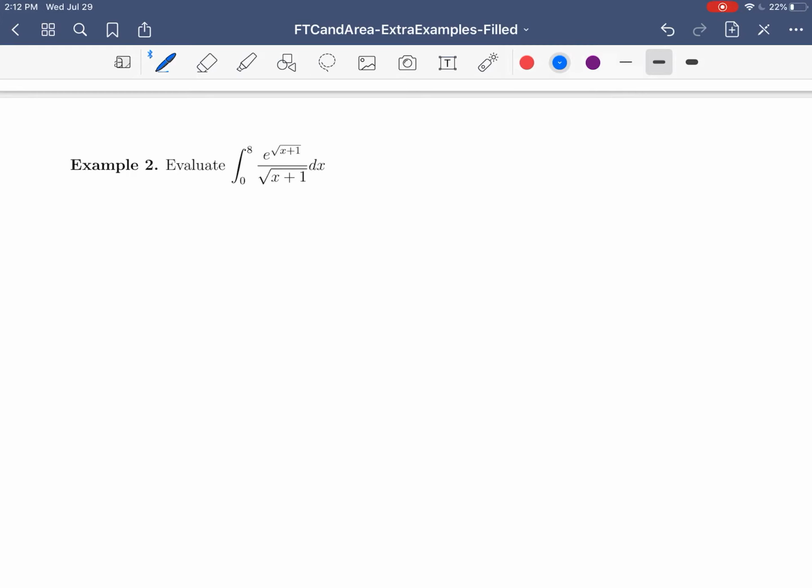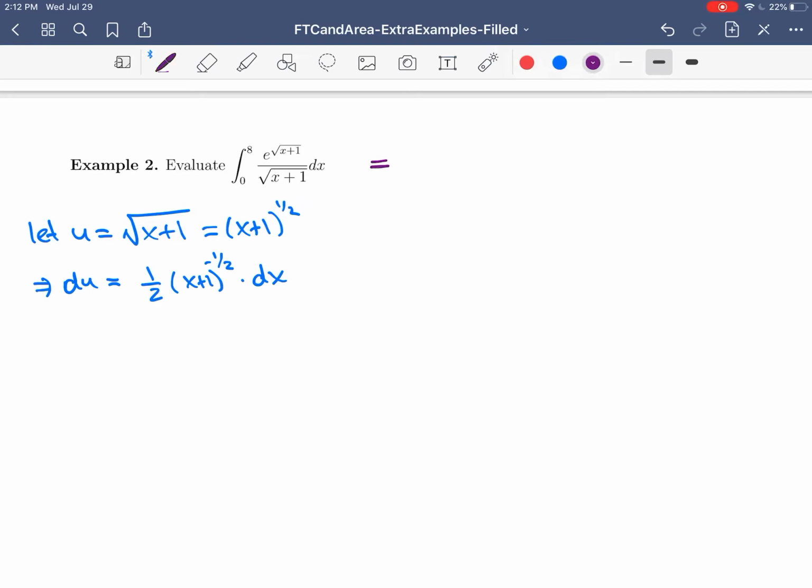So I'm going to let my u be the exponent of the exponential function. That's x plus 1 to the 1/2. So that means that du is going to be the derivative of that: 1/2 x plus 1 to the negative 1/2 times dx, times the derivative of the inside, which is 1.